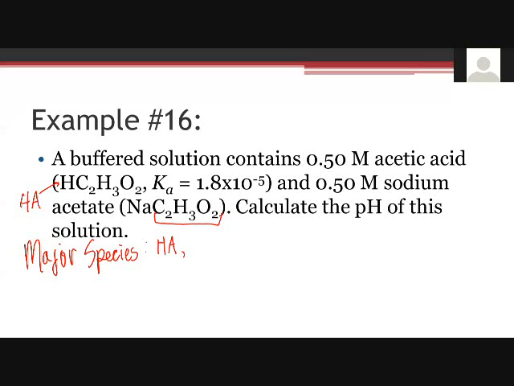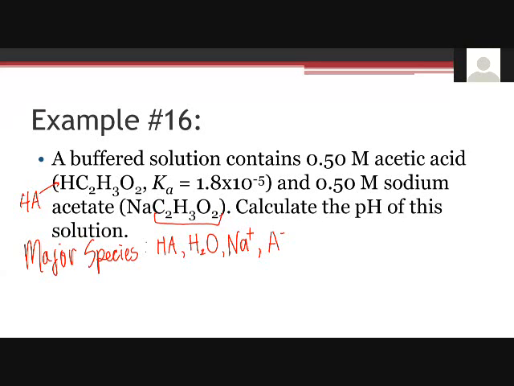Then we have water, because it is an aqueous solution. Then we have the sodium ion, and then the acetate ion, which I'm again going to call A minus.